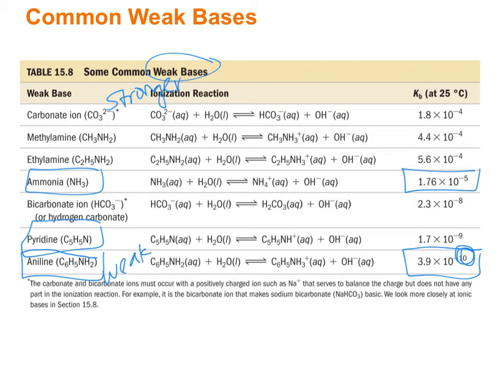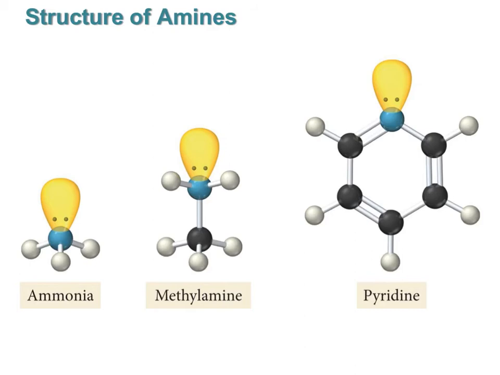And then on here, notice that we have some amines, and obviously ammonia is an amine as well, but amines have nitrogen groups. And the reason that these are bases is because they have lone pairs. Oh, and also pyridine. So the overall structure of amines tells us that we have lone pairs on those nitrogens.